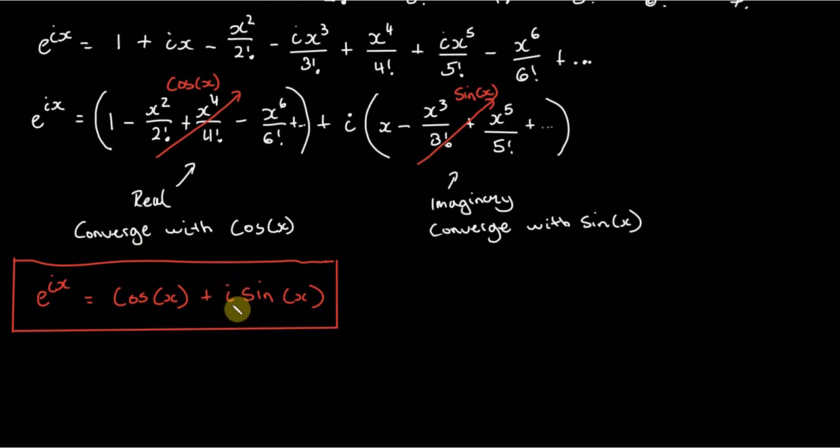In short, we found a relationship between some of our most important mathematical constants, all neatly presented in what is a rather beautiful and eloquent formula. And this is Euler's formula.